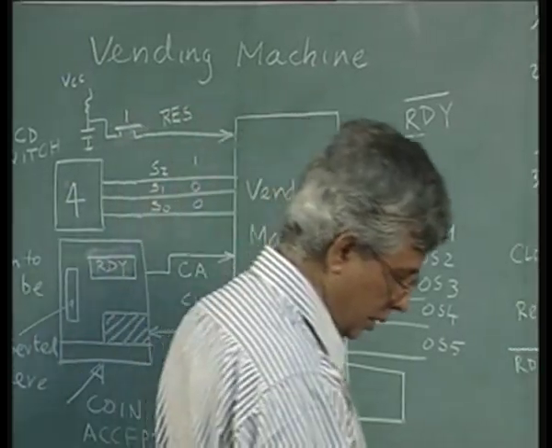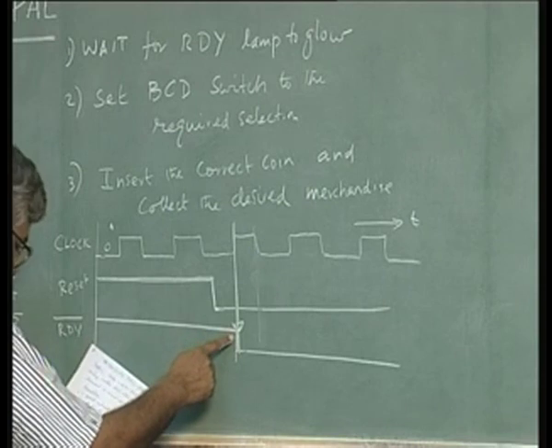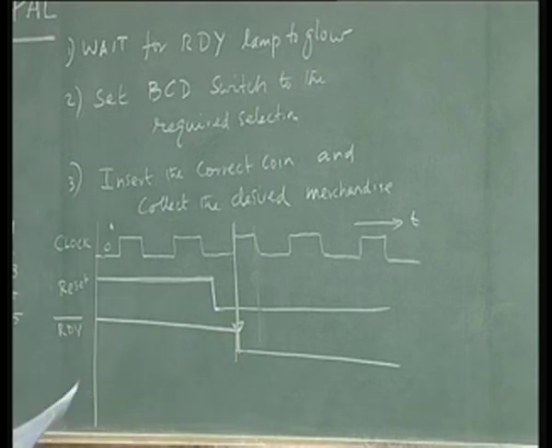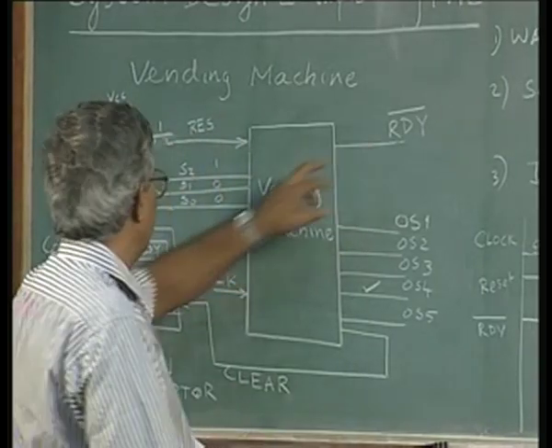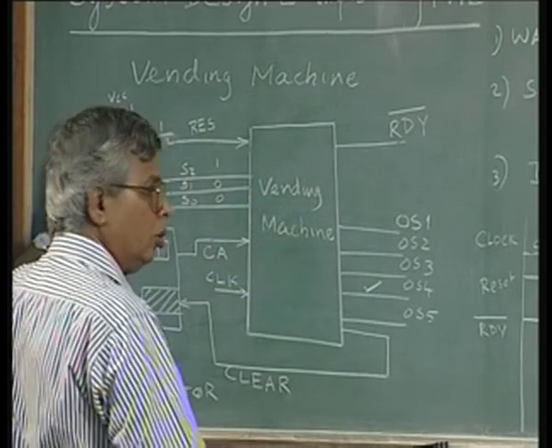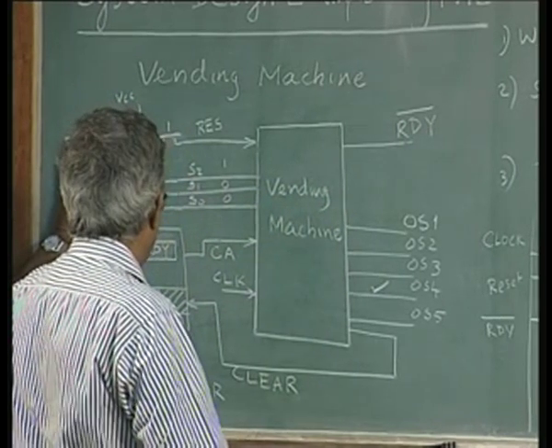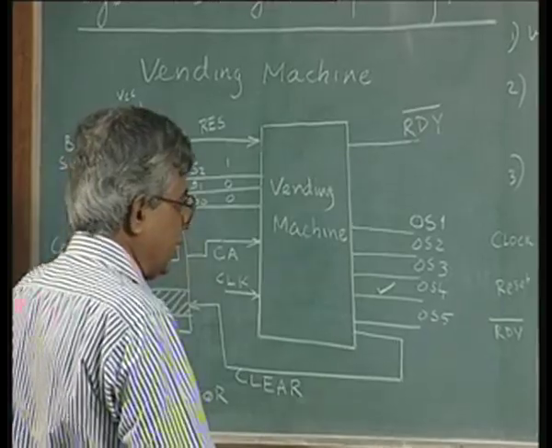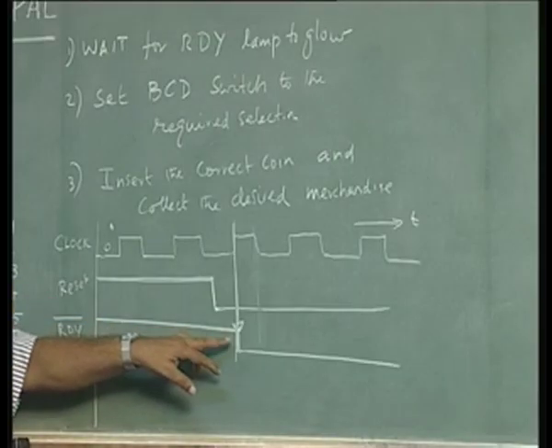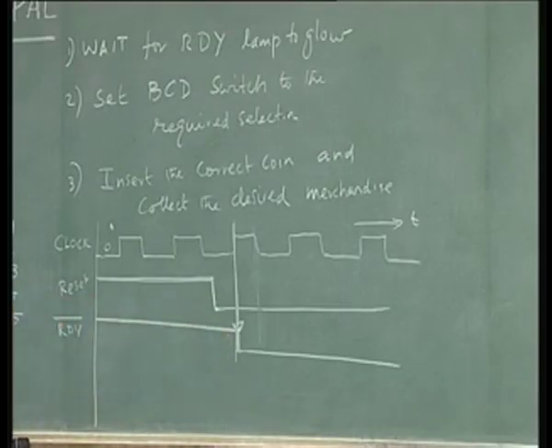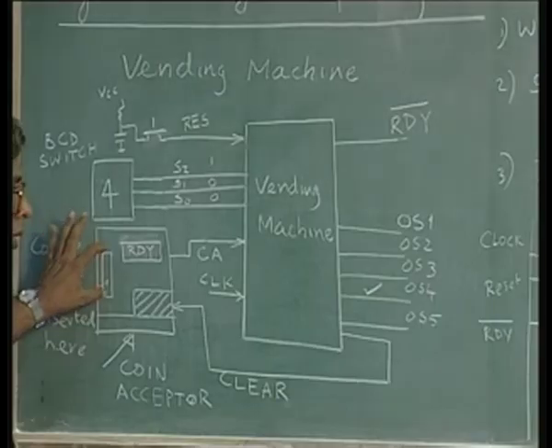After this, it takes some time because we have already set that the ready is there. That means after this ready signal, only then are you going to set the selection and then insert the coin. So, it is going to take a while.